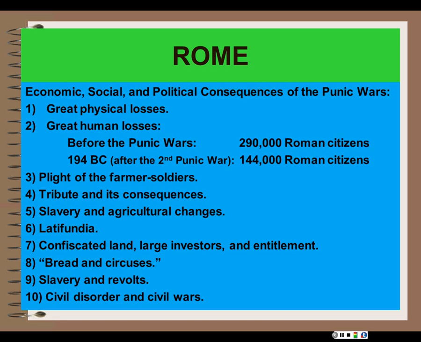The Roman state took these 14 million acres of confiscated lands and largely distributed them in large parcels to large investors. So literally it was leasing most of the public land for long terms at small rents to rich and powerful landowners.